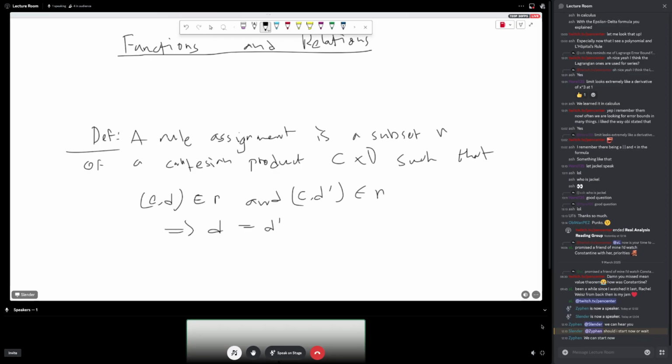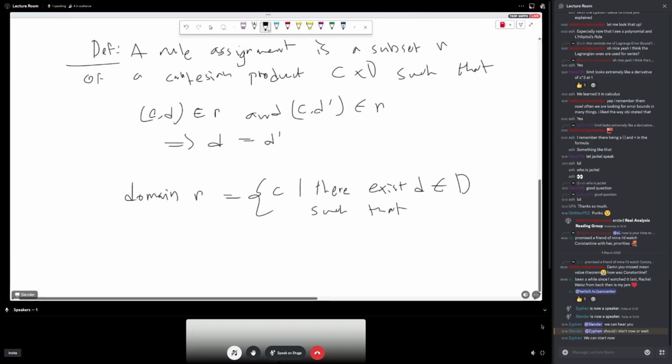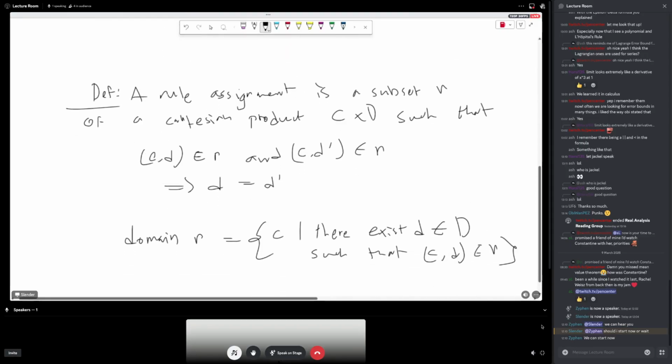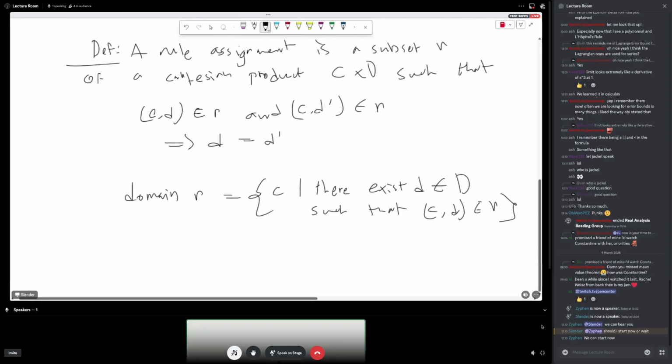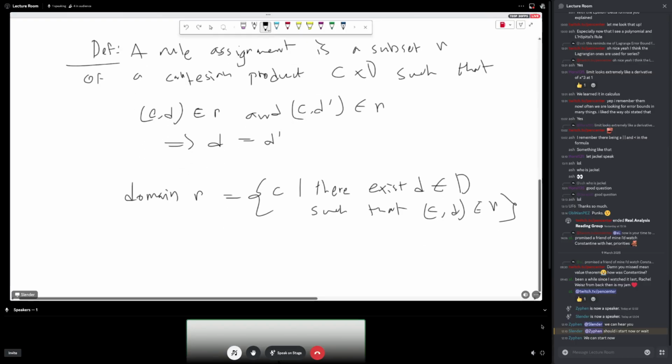Using this definition, we can also define the domain of the rule of assignment, domain R. This is the set of all c such that there exists some d in D such that the pair (c, d) is in the subset R. It's all the values of the first element in the pair.